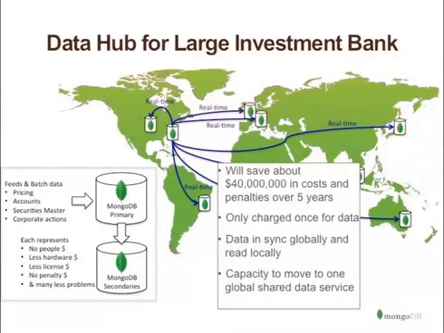This gave the traders in all these locations local access to the data. They only needed to pay once for this data. It simplified the management so much that the saving was estimated to be in the range of $40 million over 5 years.